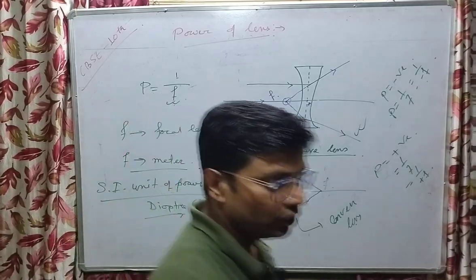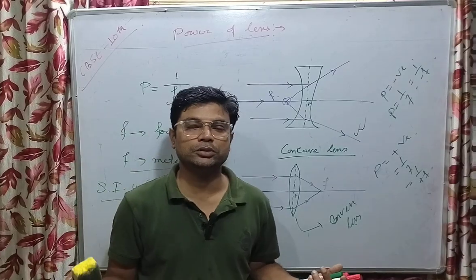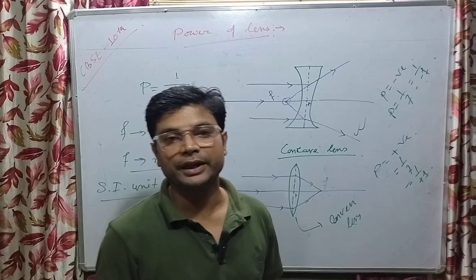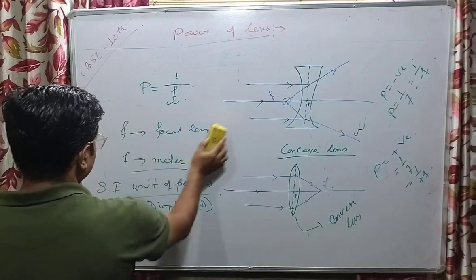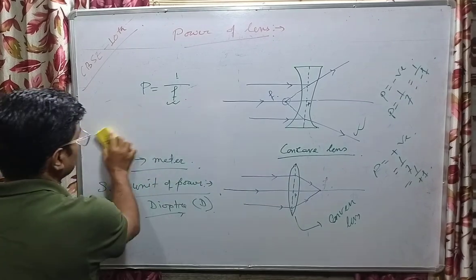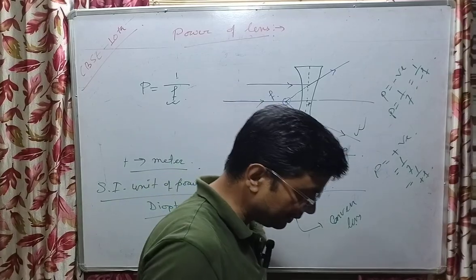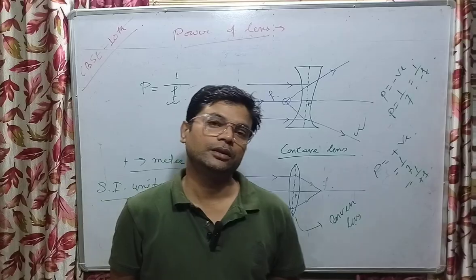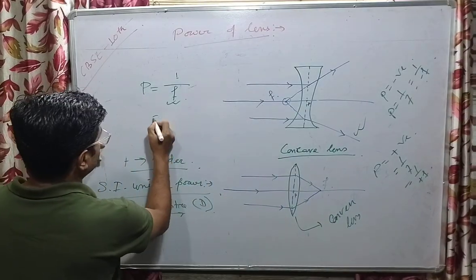Now, what do we mean by one diopter? What is the meaning of one diopter of power of a lens? See, suppose you are given a lens of focal length 1 meter.